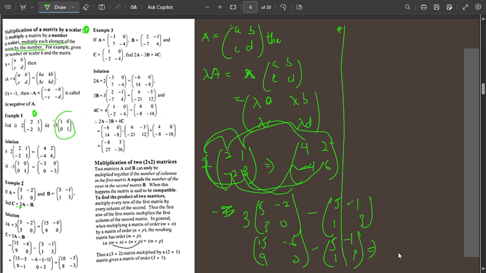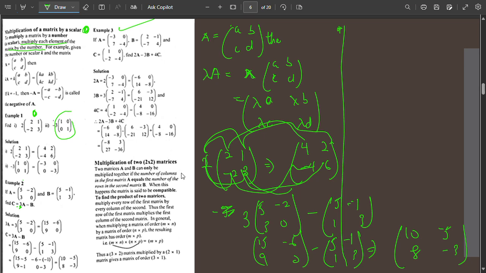Then the answer will be 10, minus 5, 8, and minus 3. So, right, this is very easy. You could try example 3 on your own. It's just follow the procedure and substitute.